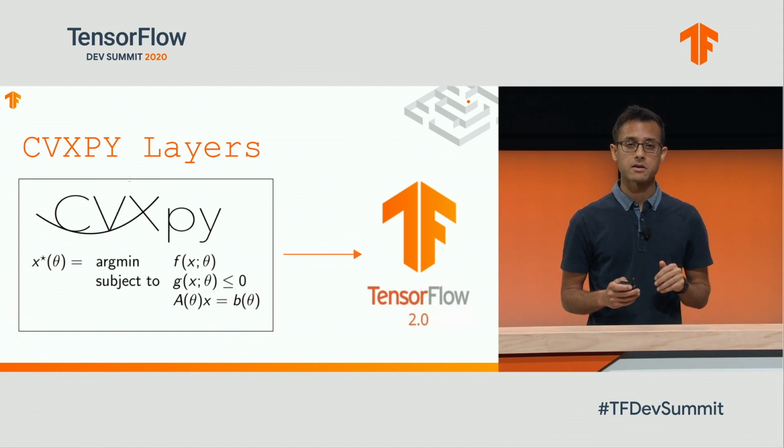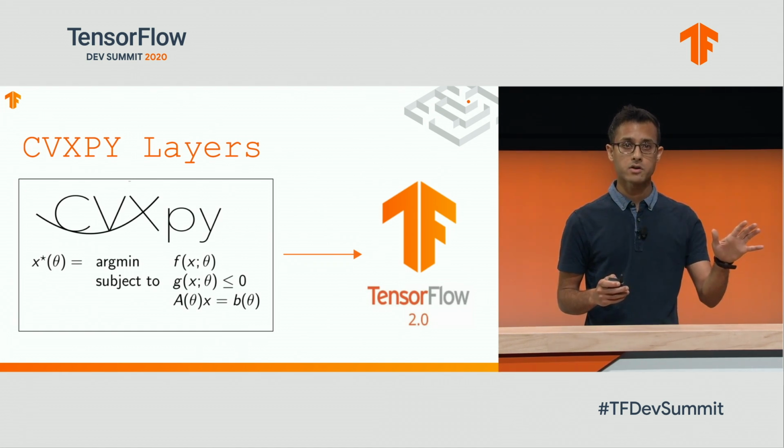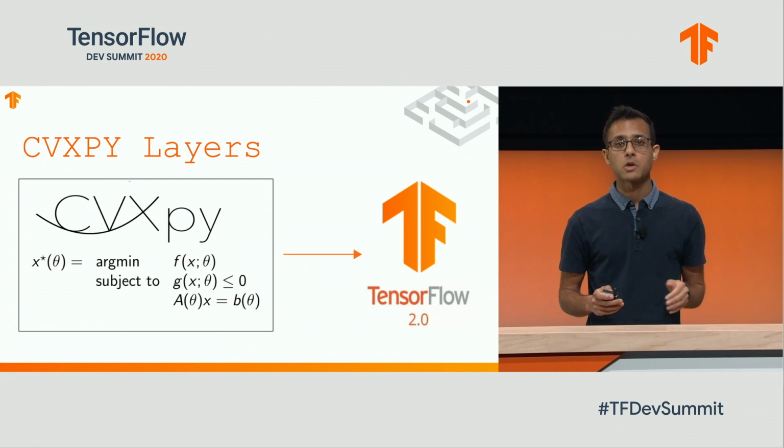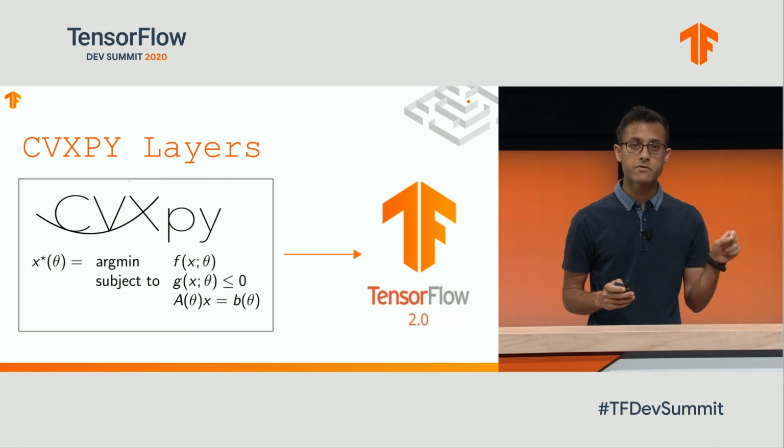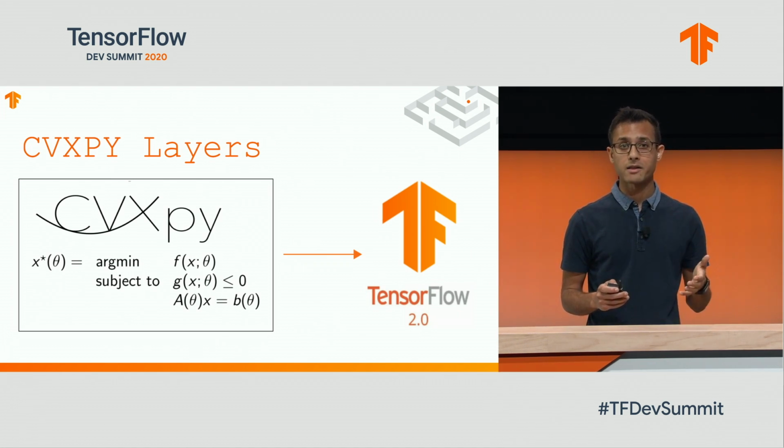And the basic idea is to view a convex optimization problem as a function mapping parameters to an optimal solution. So on this slide, the layer is represented by the function x star of theta. And x star of theta is the argmin of a convex optimization problem parameterized by theta. Different values of theta lead to different convex optimization problems and different solutions. And just like any other layer in TensorFlow, a CVXPY layer has a forward pass and a backward pass.